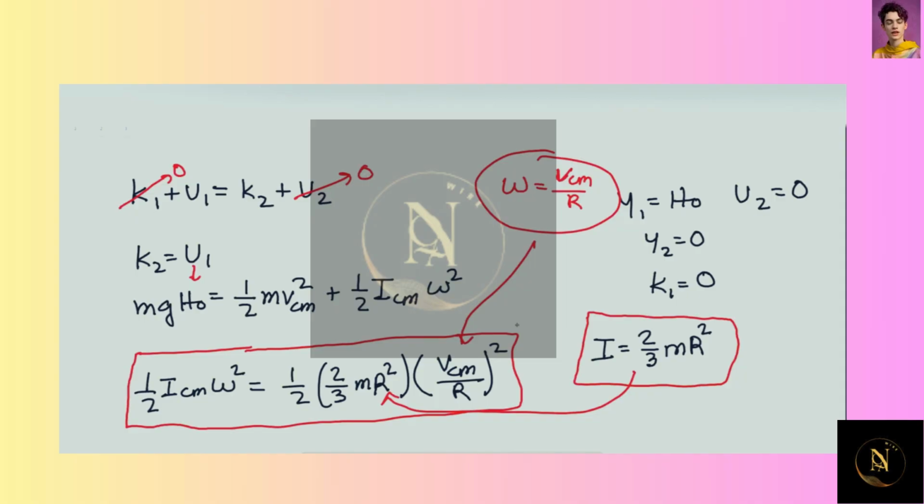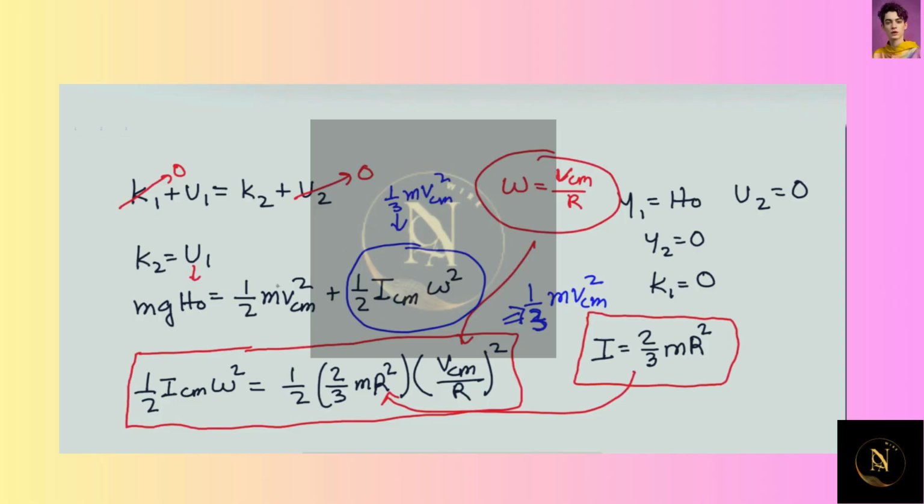So using these two conditions, half of I_CM omega squared becomes, sorry, 1/3 of m v_CM squared. So this quantity right here is 1/3 m v_CM squared.